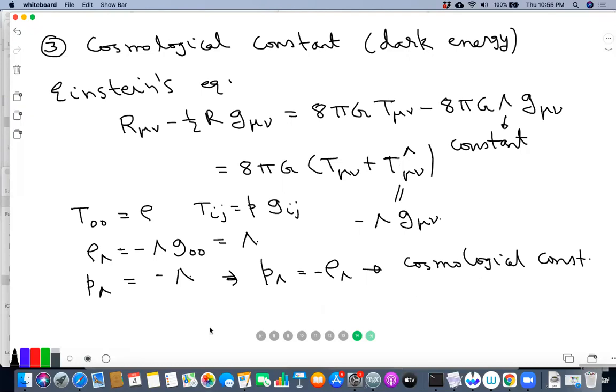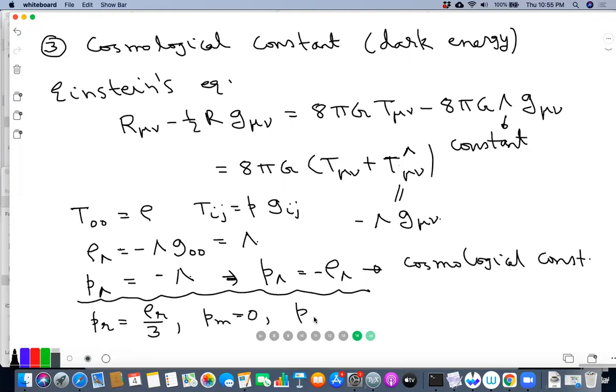So to summarize, we have introduced three separate kinds of source. For radiation, P_R is rho_R over 3. For matter, P_M is 0. And for the cosmological constant, P_Lambda is minus rho_Lambda. You see that this has negative pressure.